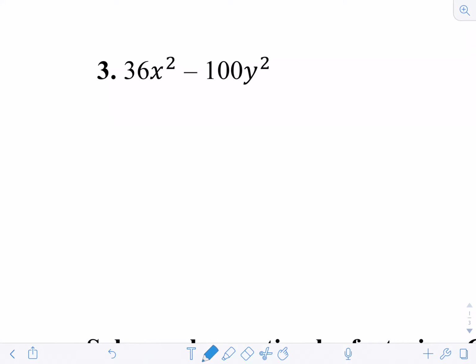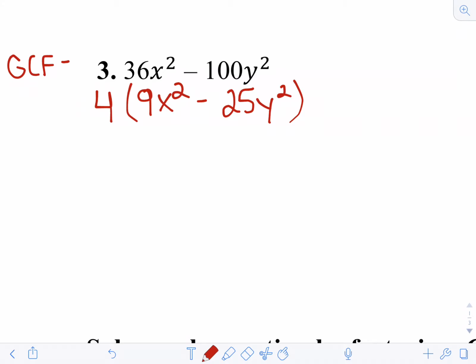Okay, number 3. First thing you need to ask yourself, is there a greatest common factor? And in this one, there is. You can pull a 4 out of both these numbers. You're left with 9x squared minus 25y squared. So my GCF is equal to 4. Remember, you do not trash this one.